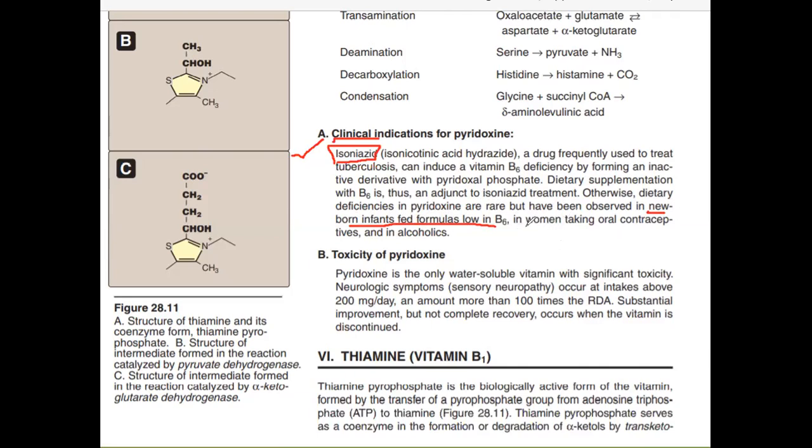Also in women who take oral contraceptive medicines and in alcoholics, because of the alcohol mechanism, we just studied ethanol metabolism and how it hinders. You can remember these things because they are present in your textbook Lippincott and also in your First Aid.